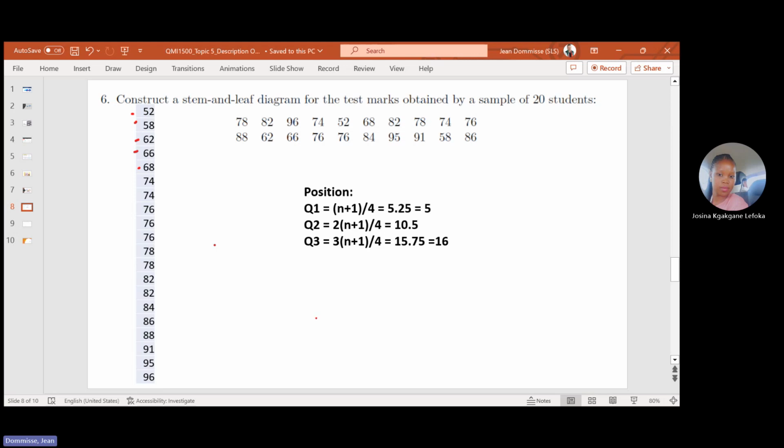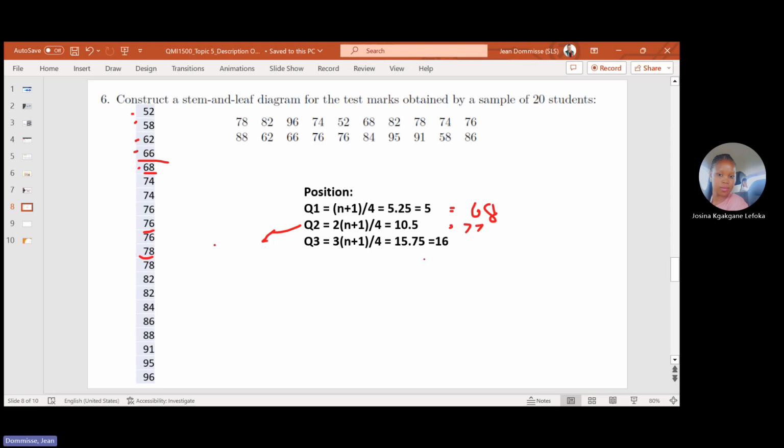So the value of Q1 at position 5 would be 68. Then if we look at position 10.5, we got it from a previous one where we also worked out the median, because that is exactly the same as the median. It's with numbers between 76, 78, so it's 77.